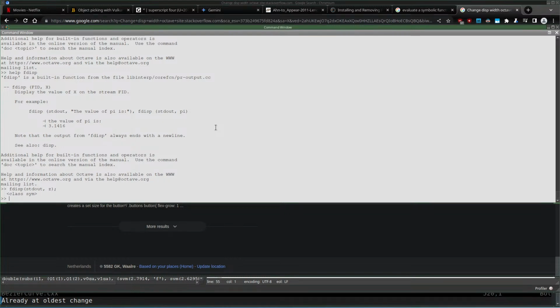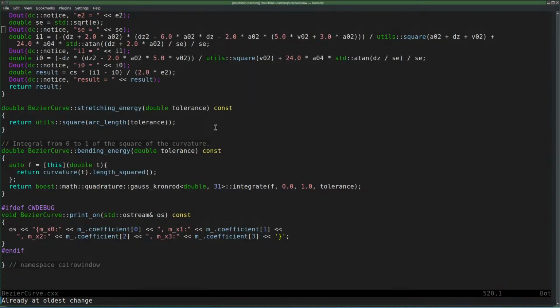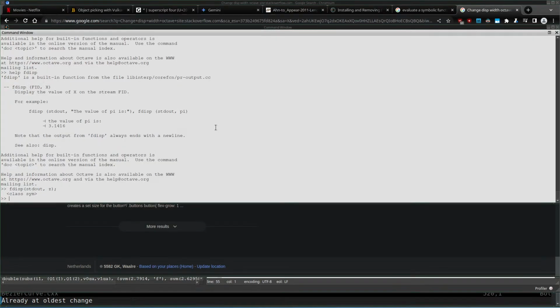What? Yep, it did not print to standard out on my terminal where I started Octave from.